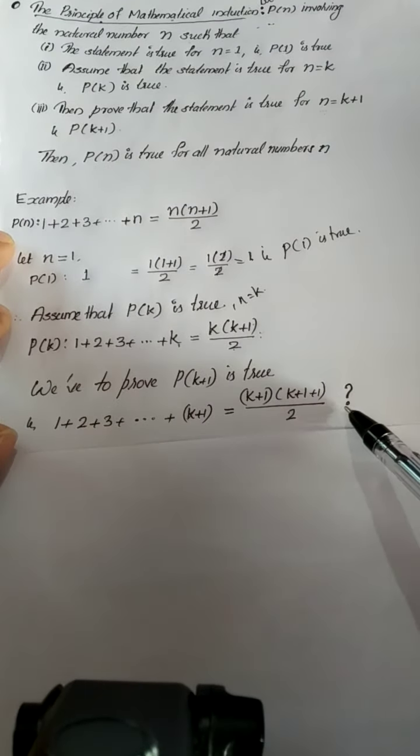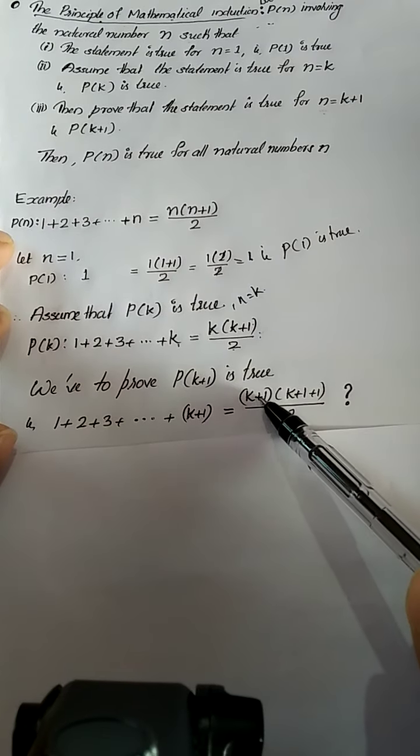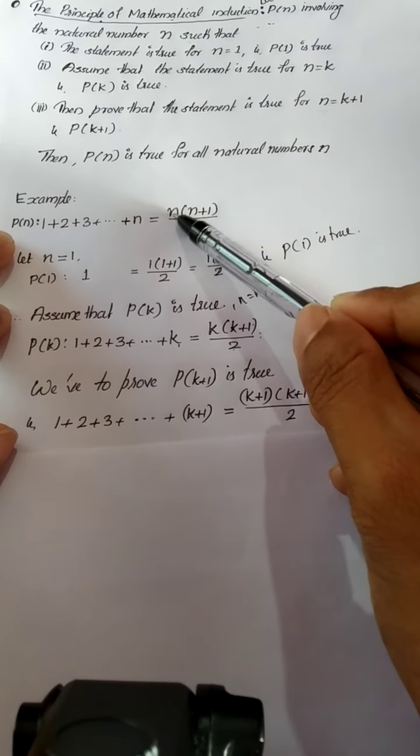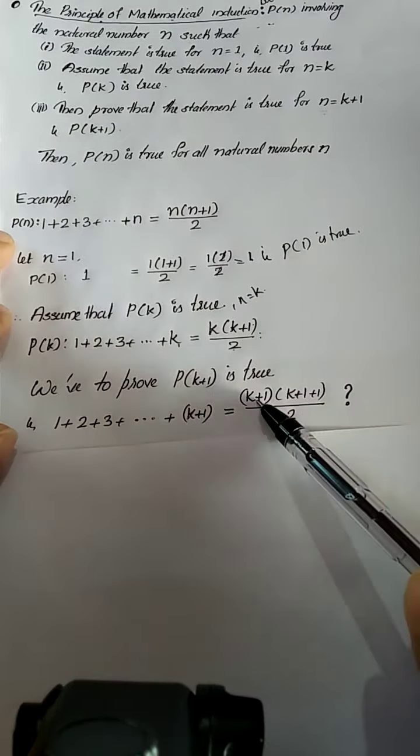That is 1 plus 2 plus 3 plus etc. plus k plus 1 is equal to k plus 1 into k plus 1 plus 1 divided by 2, because n is equal to k plus 1. We want to prove this by using P of k.